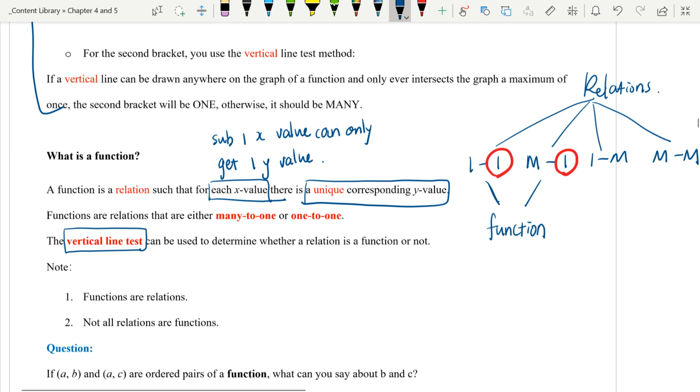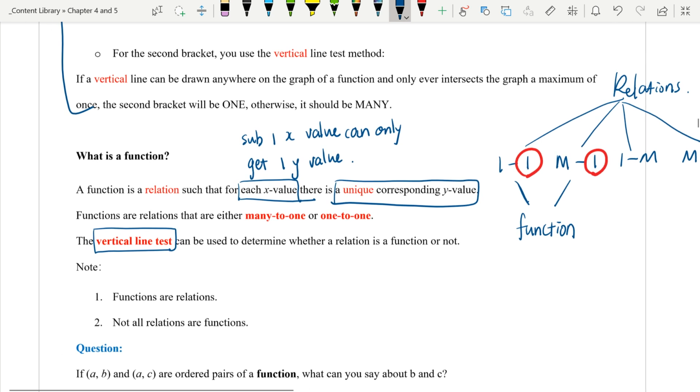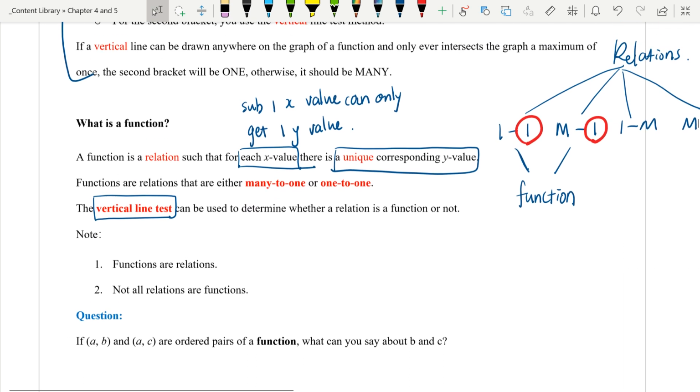When you draw vertical lines, you only intersect the graph at 1 point anywhere. They are very dry definitions, but you just need to know them. Functions are relations, but not all relations are functions. So a function is a subset of relation, a small part of a relation.